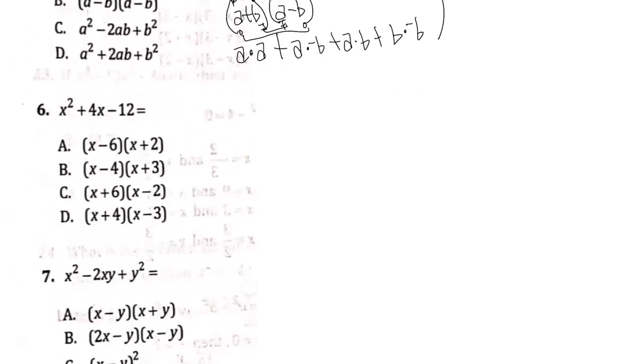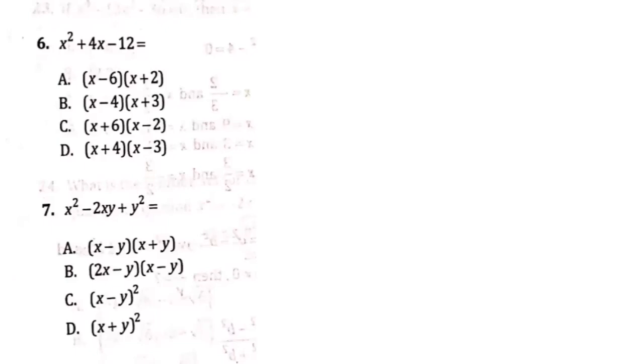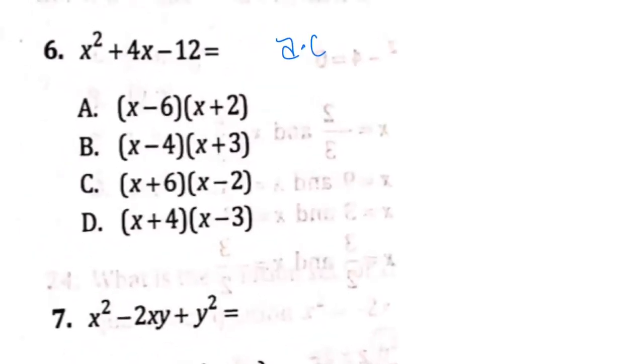It's factoring, right? So we are factoring. We're using the AC method, right? A times C. So 1 is my A, 4 is my B, negative 12 is my C. So A is just 1 times C is negative 12.